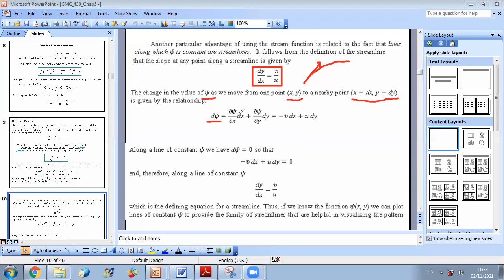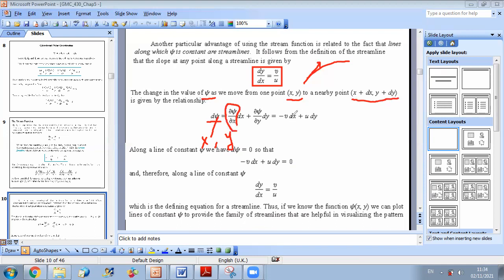So for example here, psi is a function of x and y. So d psi is del psi by del x, which is the partial derivative of psi with respect to x, times dx, plus del psi by del y, which is the partial derivative of psi with respect to y, times dy. Okay? So now, we already know by definition what del psi by del x is.